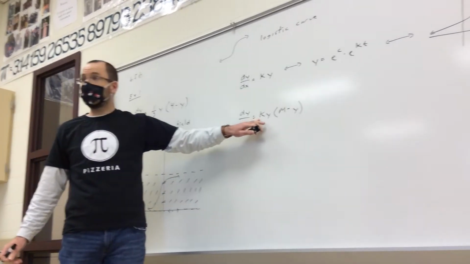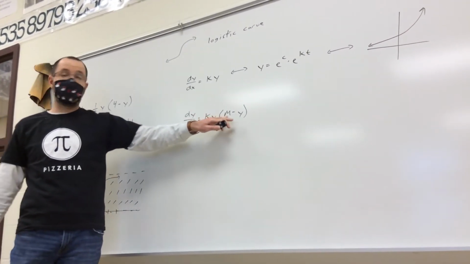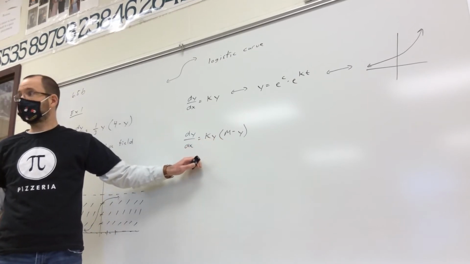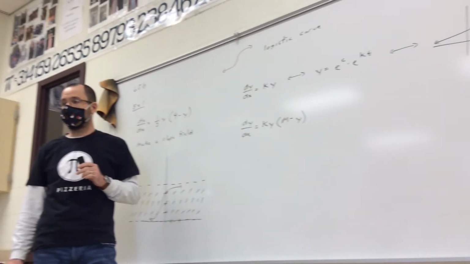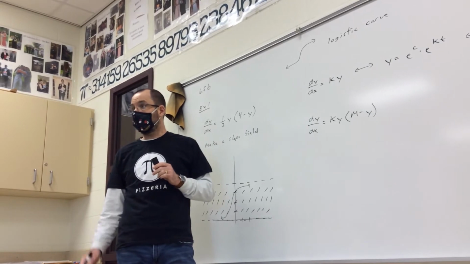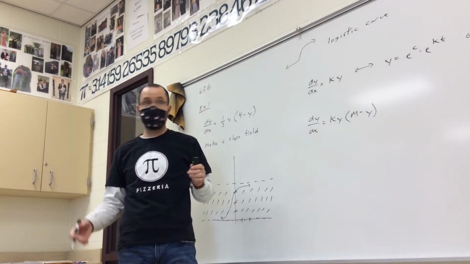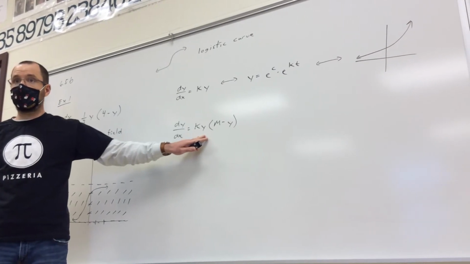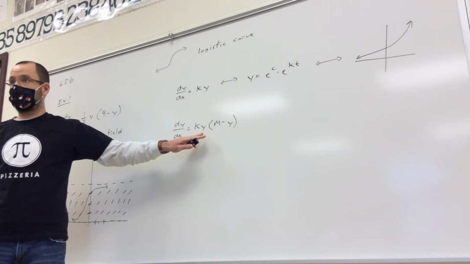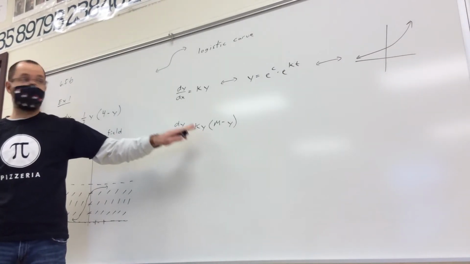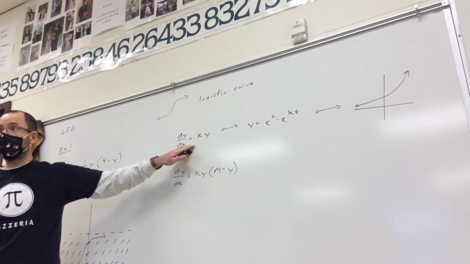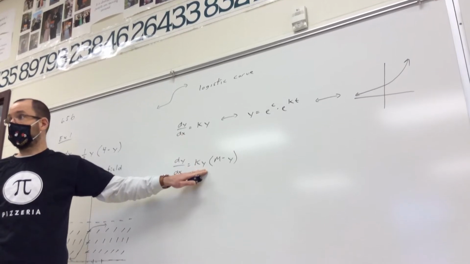So k is a number, and then m is a number. And it's possible to do the antiderivative of this. But that's beyond what we're going to do in this class. I do expect that you know how to do the antiderivative of this. This antiderivative is harder, so we're not going to do that.